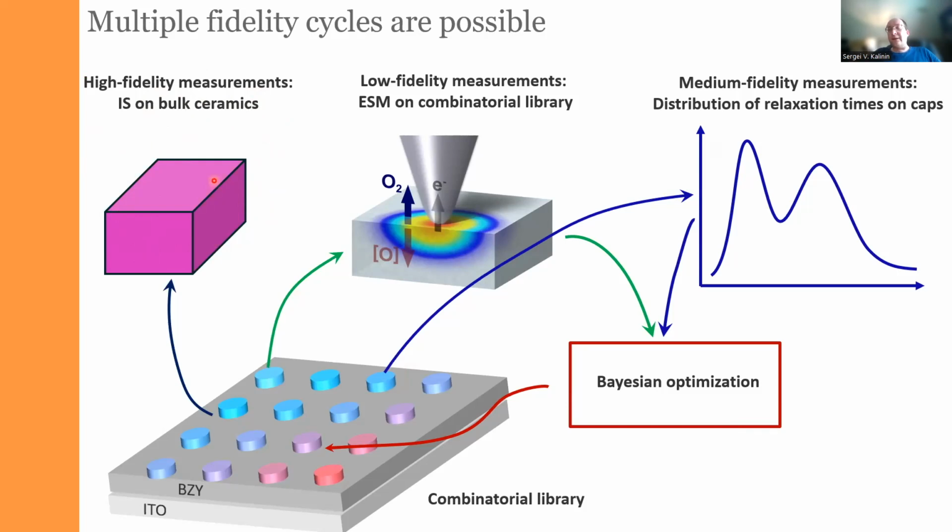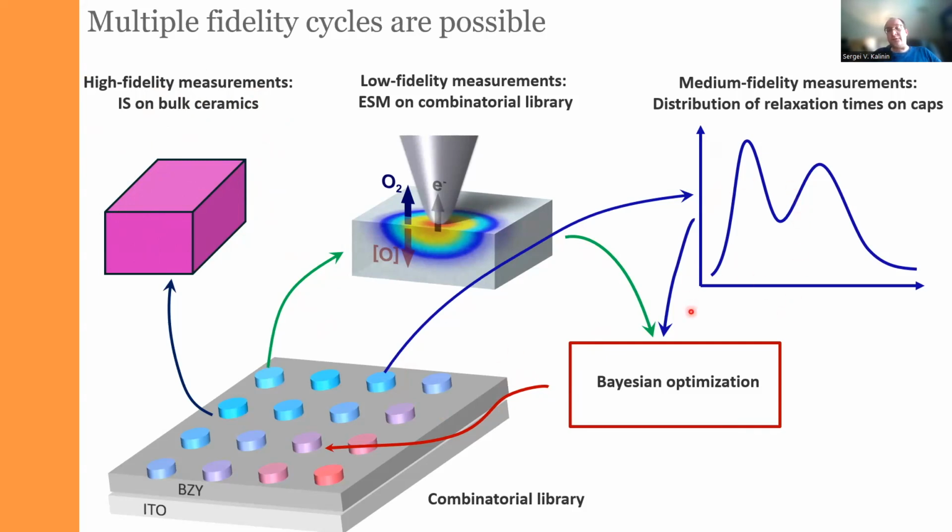Making ceramics and making fuel cell and measuring the fuel cell performance takes time and effort, so that's an expensive measurement. This is a very fast measurement, but we're not sure how it is related exactly to the electrochemical functionality.